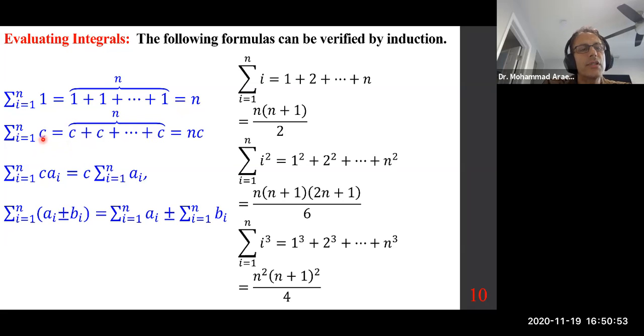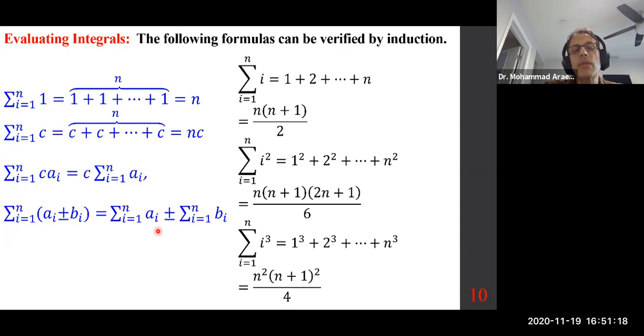The summation of c, if you have a constant, for example, 5, then it becomes n times 5. C A sub I, the C can come out. If you have different terms, you do them term by term, just the way we do with integration and differentiation, term by term. That's really the idea.